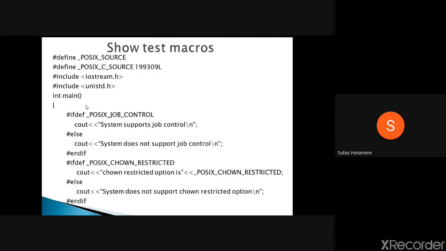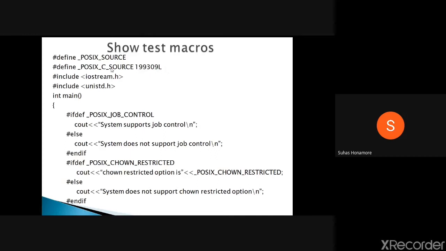Okay, so in the C program, what we're doing is #define _POSIX_SOURCE. This is nothing but saying we want the POSIX.1 standard. Okay, and here #define _POSIX_C_SOURCE. This is nothing but the POSIX.1b standard, and we're specifying a date, that is, 1993, September.